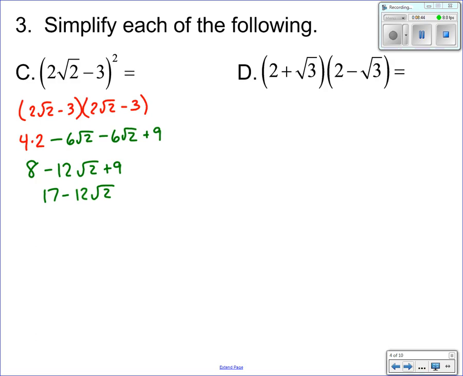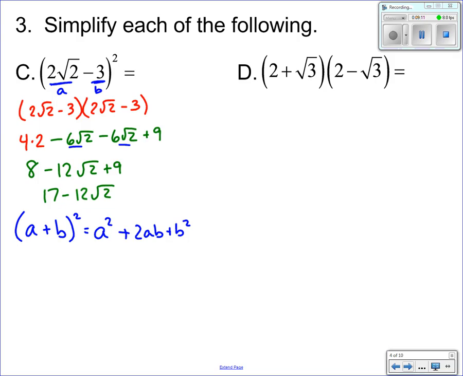If you remember multiplying out a perfect square, a plus b squared, first term squared, plus 2ab, plus b squared. So if you think of that as a, and that as b, let's see what happens there.